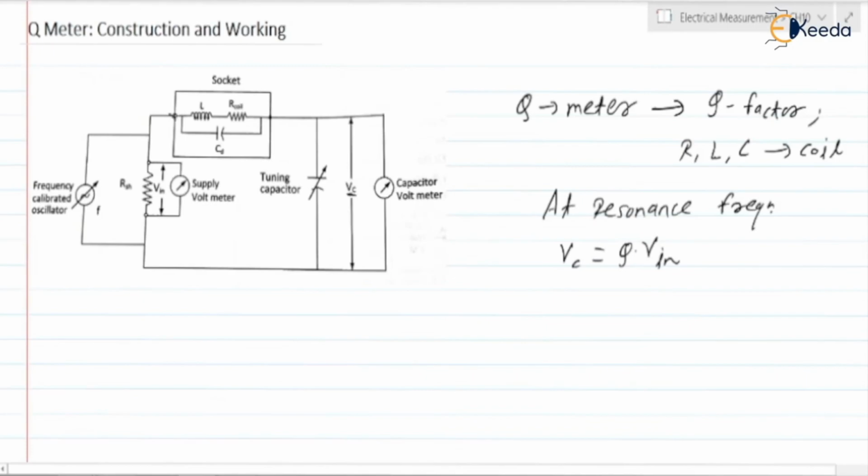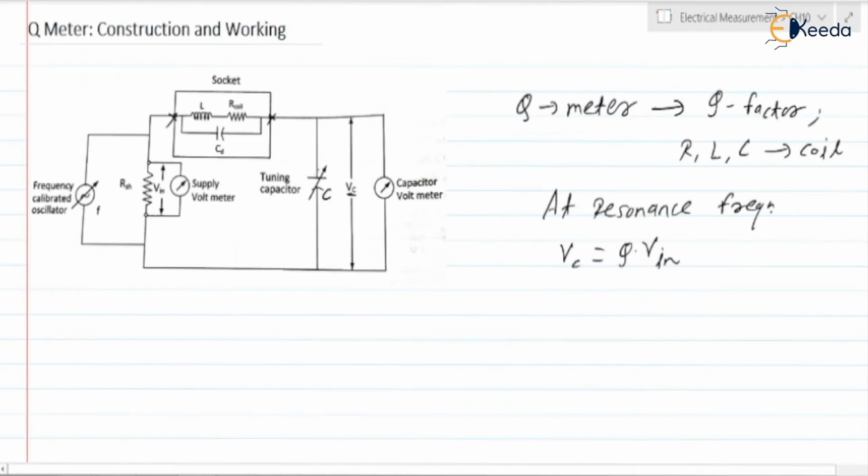Next, between these two terminals we are required to connect the coil whose Q factor we are interested in finding. Here L is the inductance of the coil, Rcoil is the resistance of the coil, and CD is the distributed capacitance of the coil. And C is the capacitor which we have connected in the circuit.